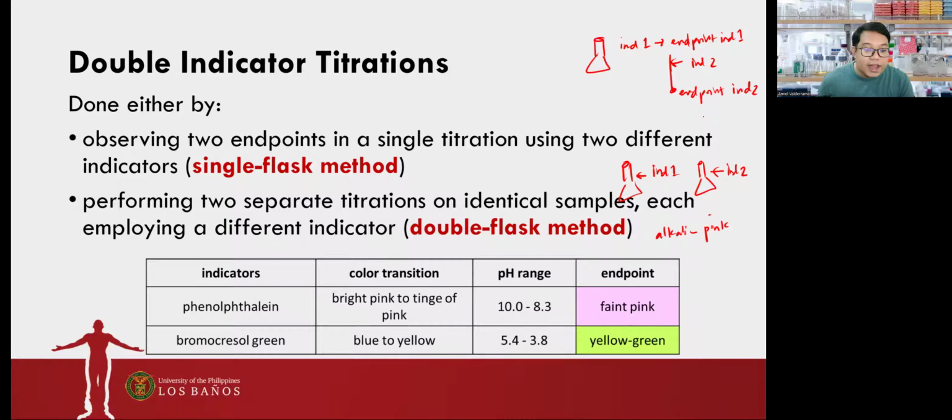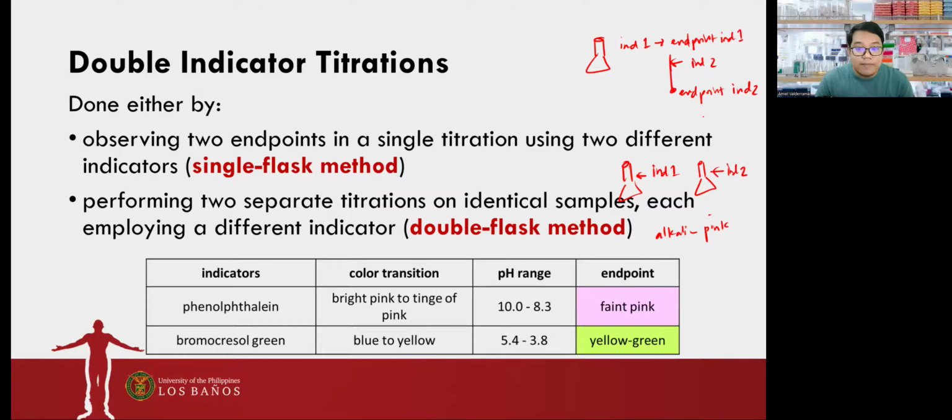Okay? Then we have the bromcresol green or the BCG. The color transition of it will be from blue to yellow. And it will only occur at pH range 5.4 to 3.8. And the endpoint for bromcresol green is yellow-green. So as you can recall from the laboratory, it is more yellow than green na yellow-green. Okay?